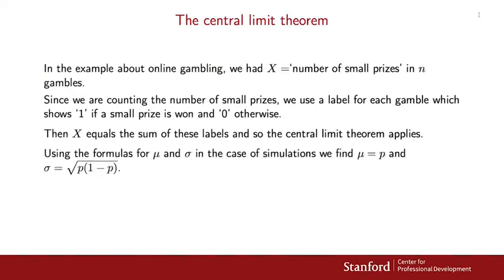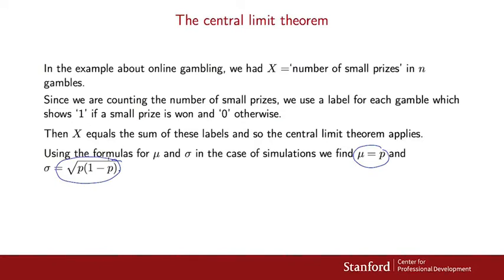To apply normal approximation, we need to find the mean and the standard error of x. So remember, when we looked at simulations, we had formulas for the expected value and the standard error. And if you plug in, you find that in this case, mu equals p, and sigma is square root p times 1 minus p. That was the formula for one gamble.